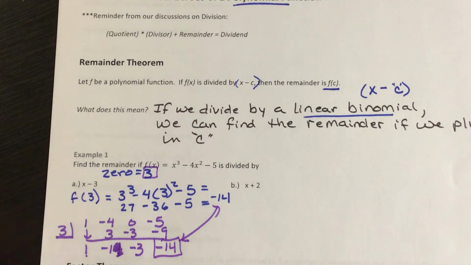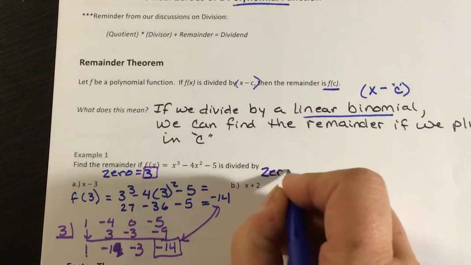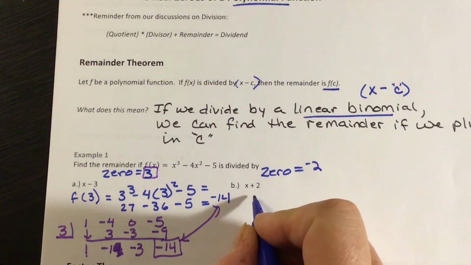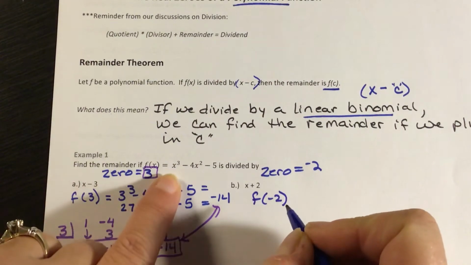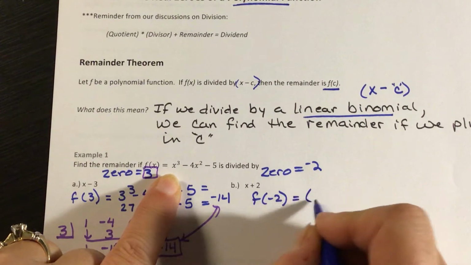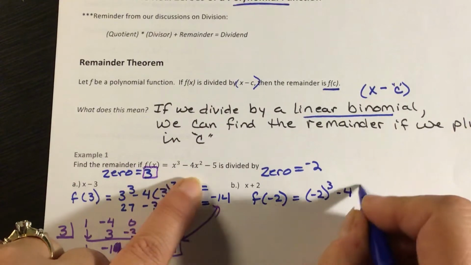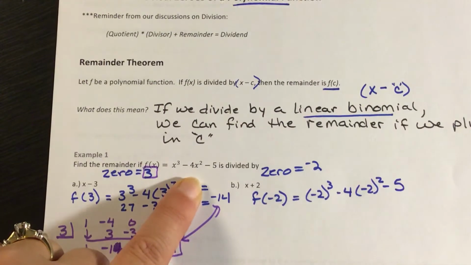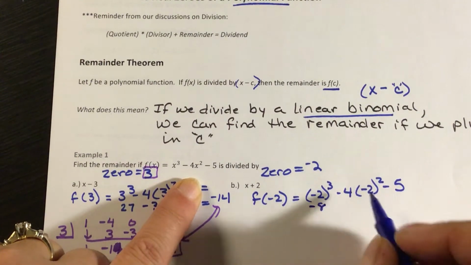All right, so let's do another one. This time, my 0 is negative 2. So if I need to know what the remainder is, I can plug in negative 2 into the same function. So I have negative 2 to the third power minus 4 times negative 2 squared minus 5. Negative 2 to the third power is negative 8.